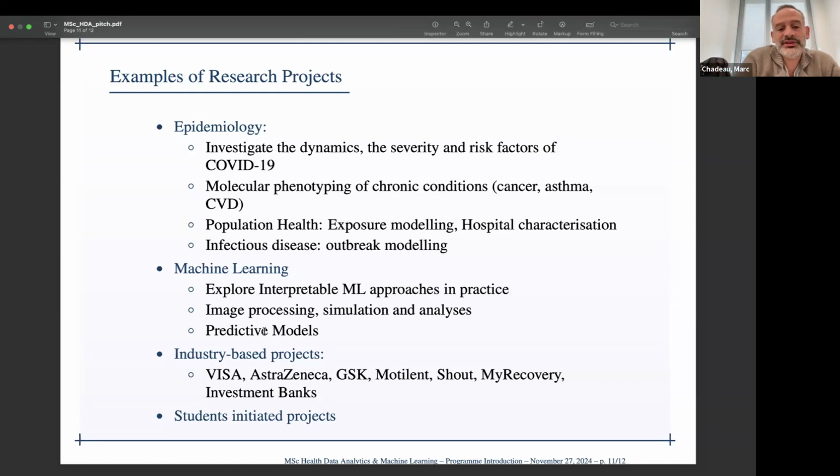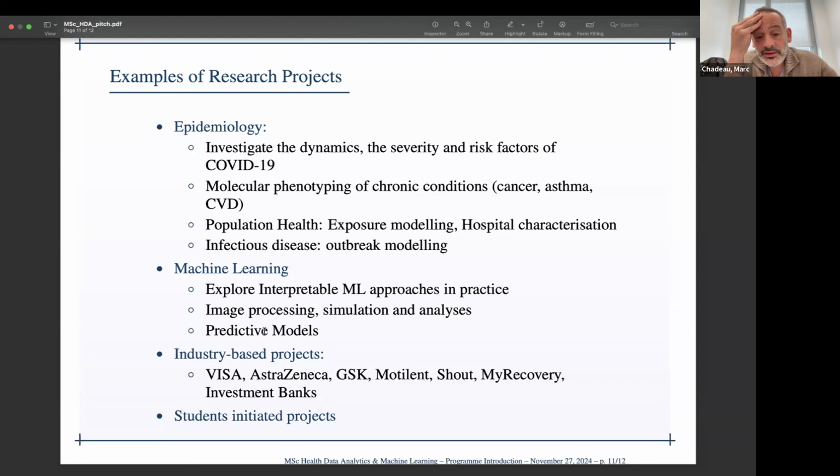There were also a few projects on infectious disease modeling. There were more methodological projects in machine learning to develop interpretable and reproducible ML approaches and how to use them in practice. Quite a few projects on image processing, on simulation tools, data analysis, and quite a few projects in prediction.